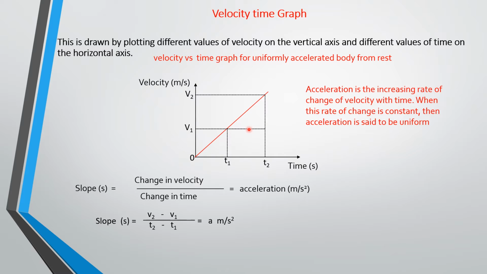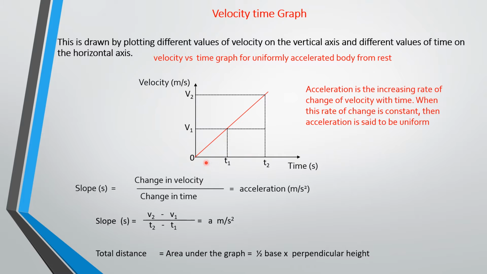All right. As I've said, the distance traveled will be the area under the graph. Now this graph is a triangle, right? And you know that the area of a triangle is equal to half base times perpendicular height.